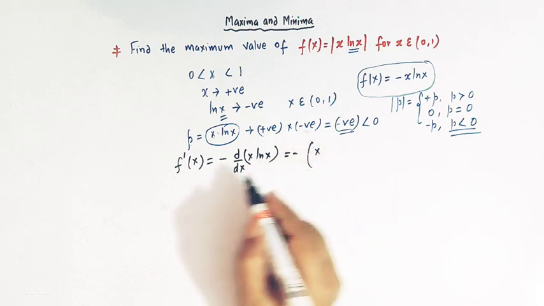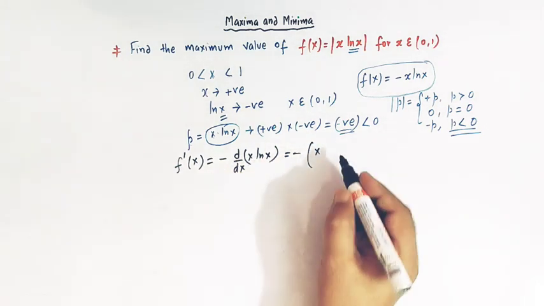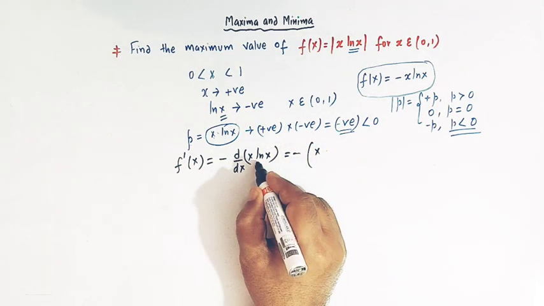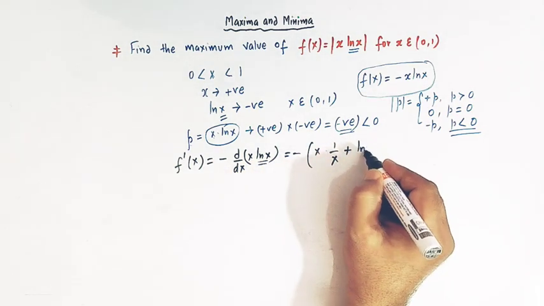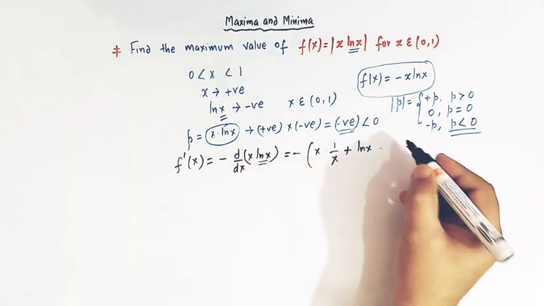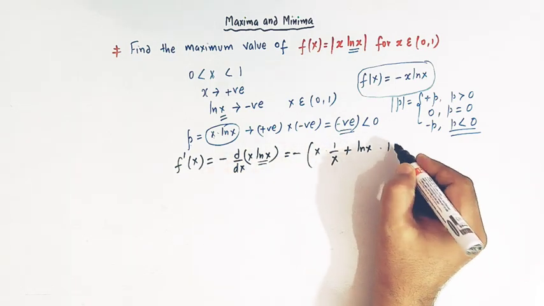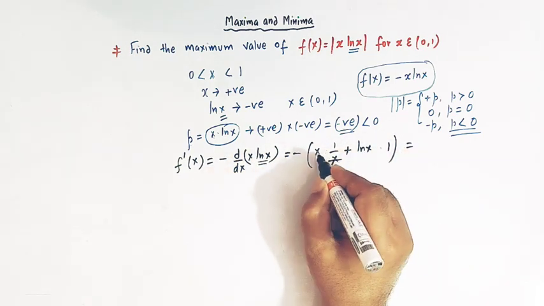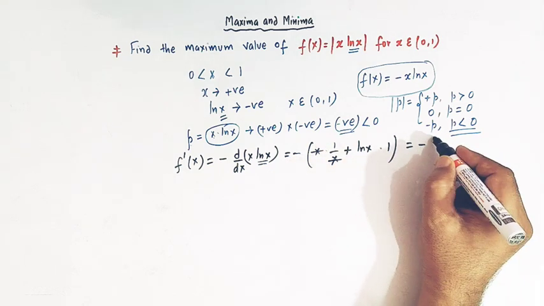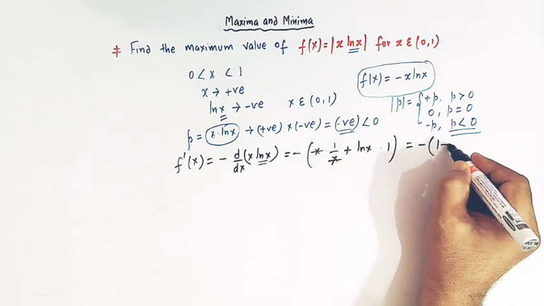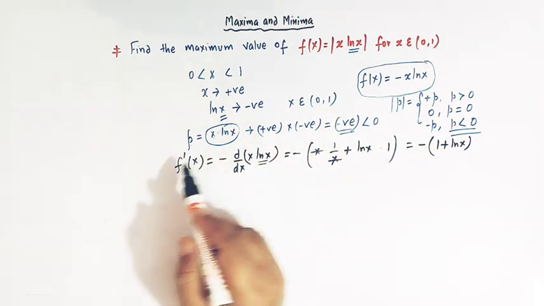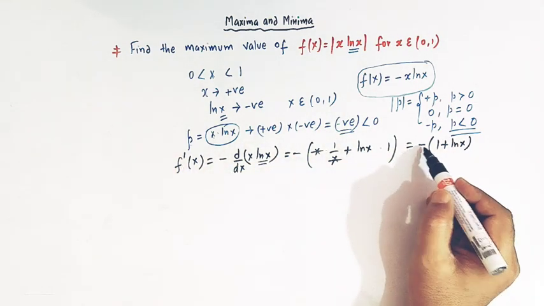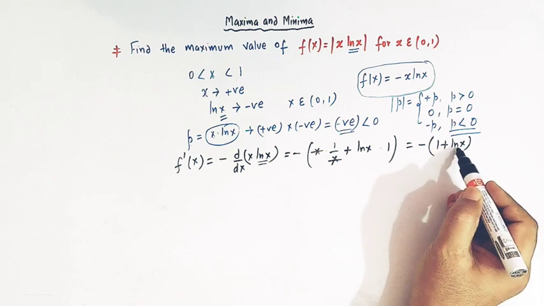First function times the derivative of log x, which is 1 over x, plus log of x times the derivative of x, which is 1. Here x and x get cancelled, so we are left with minus 1 plus log of x. So the first derivative is equal to negative of 1 plus log of x.